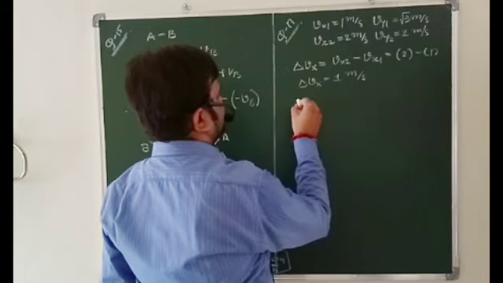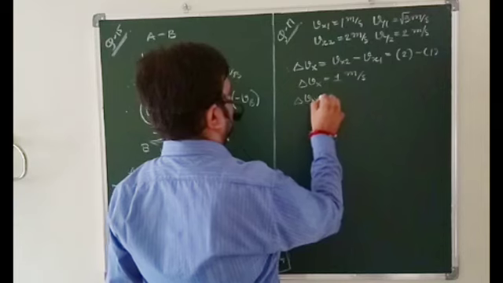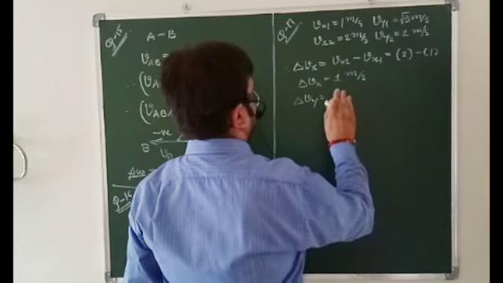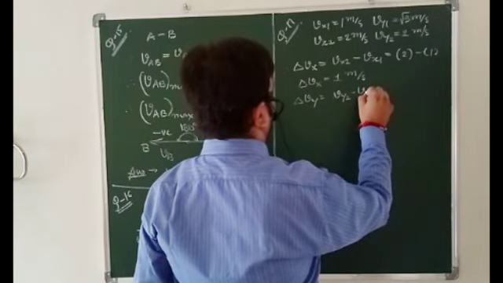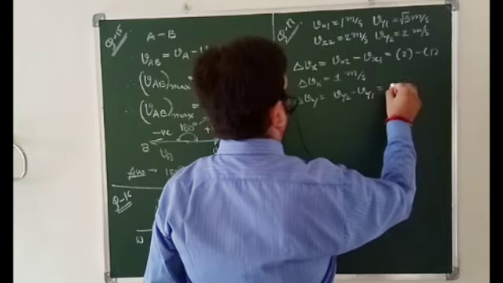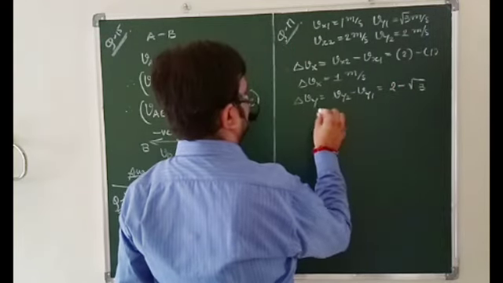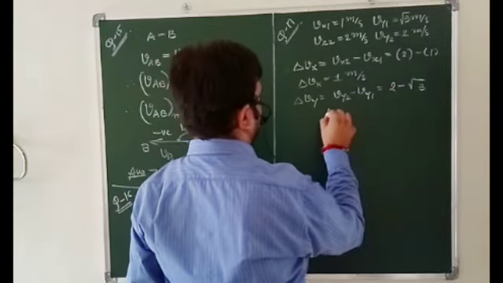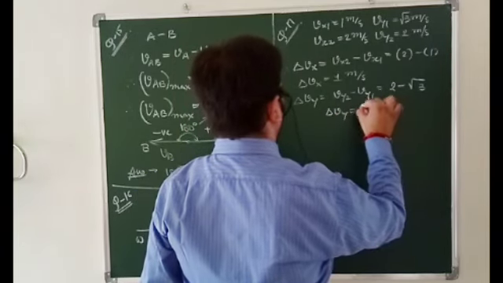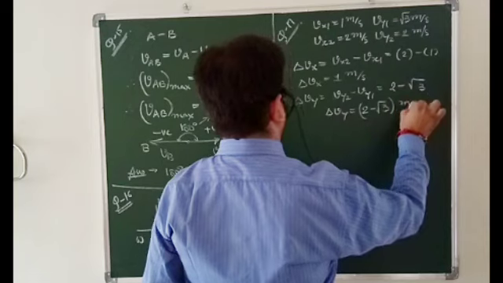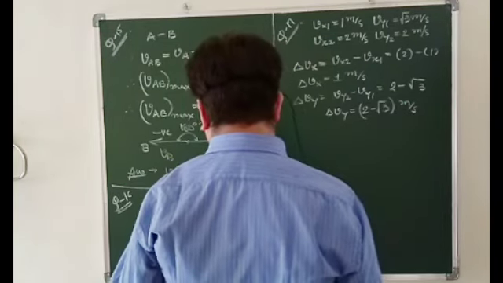Now the relative velocity in the y direction, so delta Vy, that is Vy2 minus Vy1, so 2 minus root 3. So ultimately delta Vy is 2 minus root 3 meter per second.